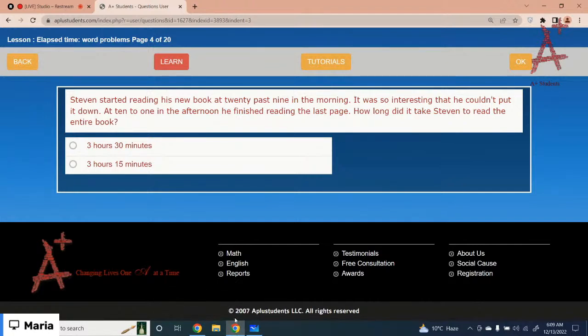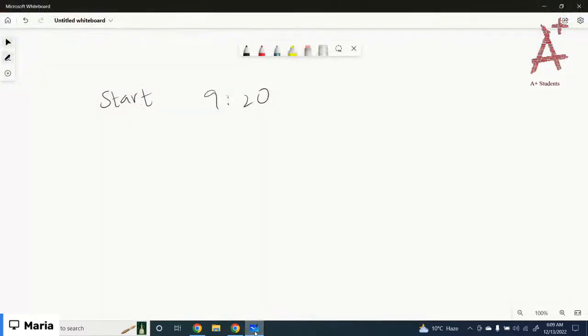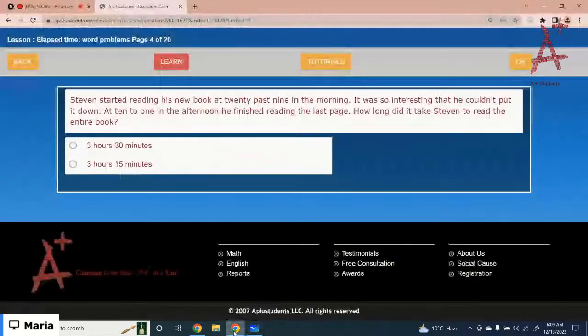That means it would be 1:10. The end time is 1:10. Got it? Okay, so you have to calculate the total time.